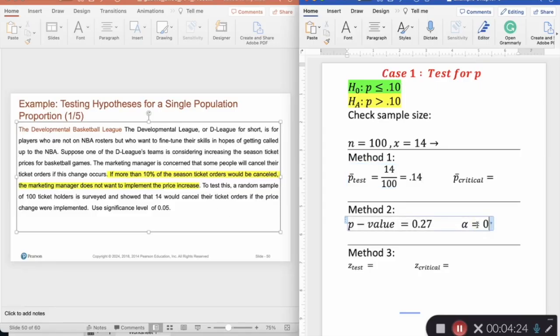The significance level is 0.05. So we need to test whether this is true or not, because the marketing manager says if the changes occur, more than 10% of the season tickets will be canceled.